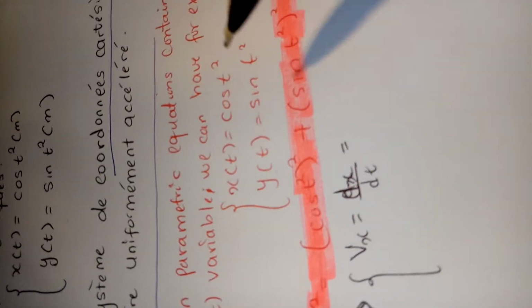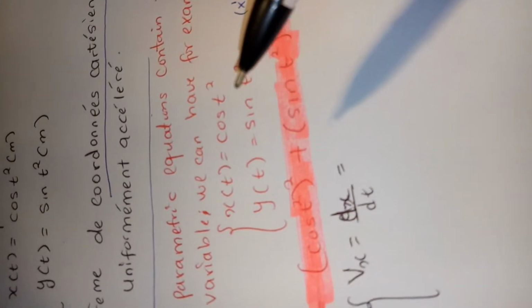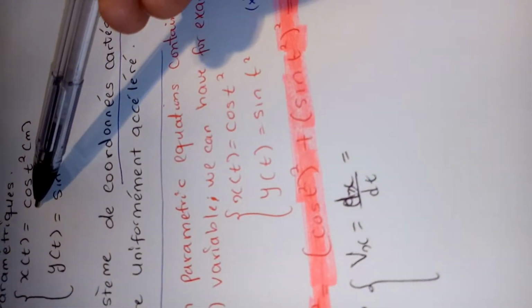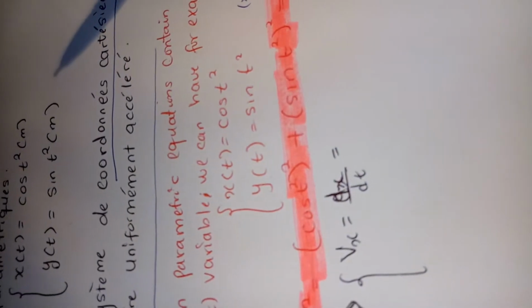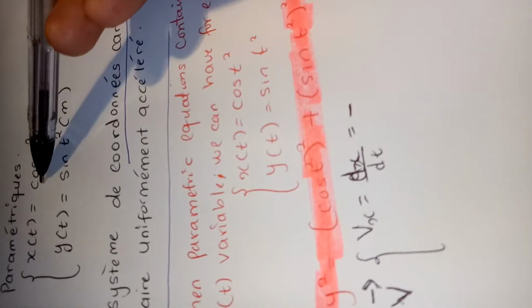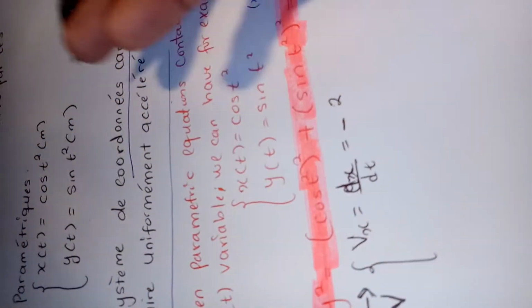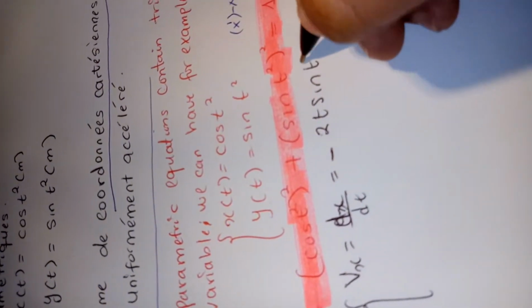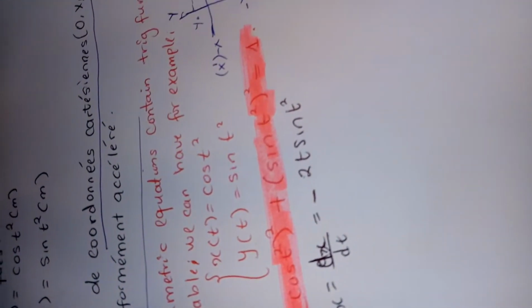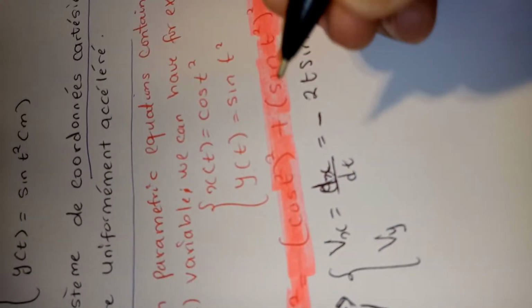We know that the derivative of cosinus is negative sinus, and then we have t whole carré, so we bring our 2 here, and because cosinus changes to sinus, we have a negative. So we have negative 2t sinus t whole carré. In this case, since we are now deriving to get the velocity, it's going to be meter per second. We apply the same thing for vy.